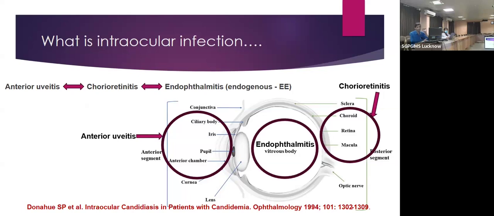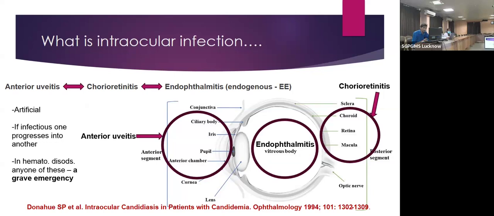Involvement of the vitreous body in the inflammation is endophthalmitis. But the eye is such a closed compartment that anterior uveitis, chorioretinitis, or endophthalmitis, including endogenous endophthalmitis, usually progress into each other if any one of these is involved. So this division is largely artificial in most cases.